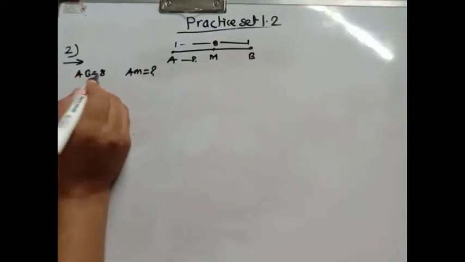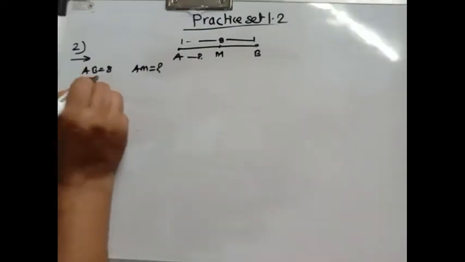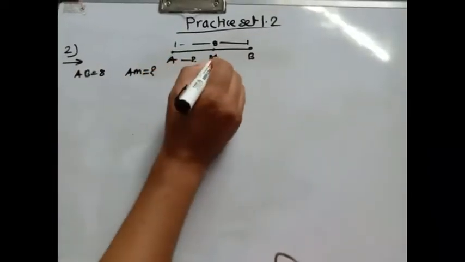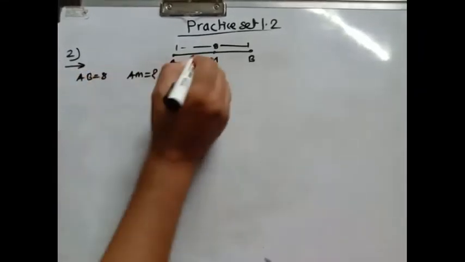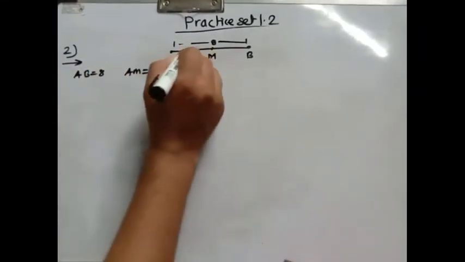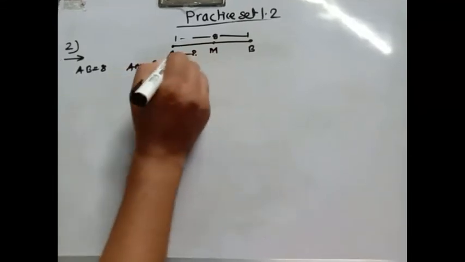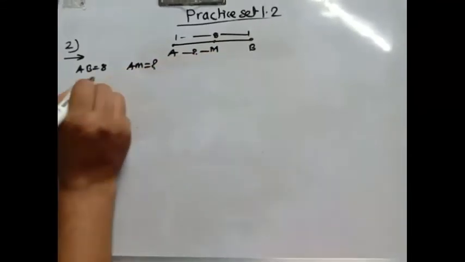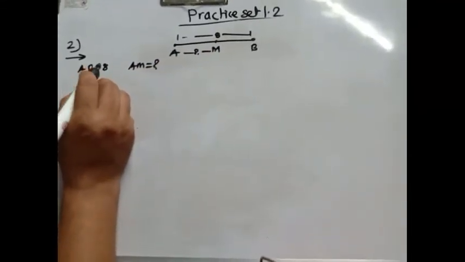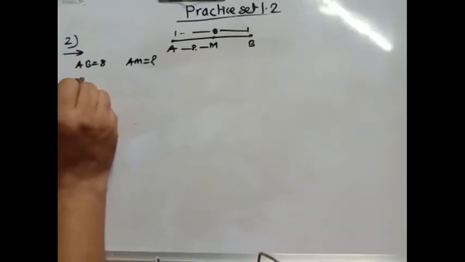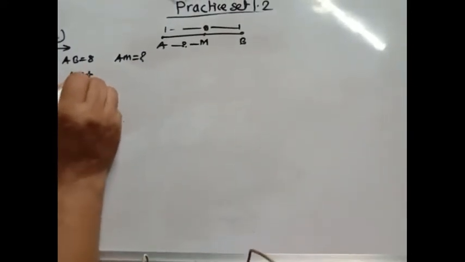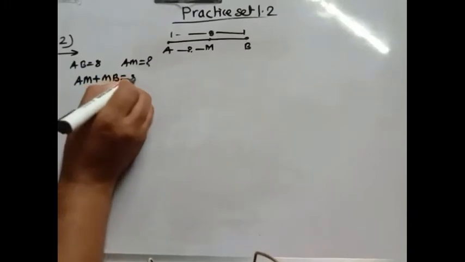AB will be given as 8, and we want to find AM. So how do we find that? Suppose we write here AM plus MB is equal to 8.